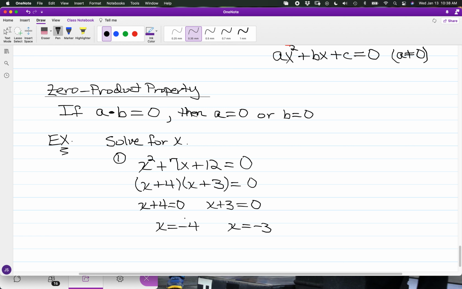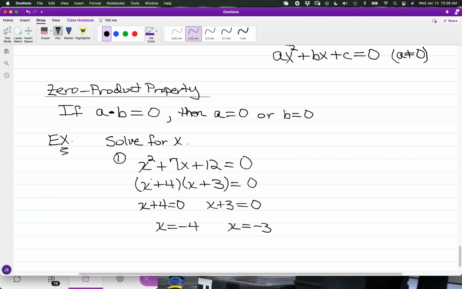I can go back to the original setup. If I take negative 4, the square of negative 4 is a positive 16. 7 times negative 4 is negative 28. 16 plus negative 28 is negative 12. Negative 12 plus 12 is equal to 0. So negative 4 will check out.